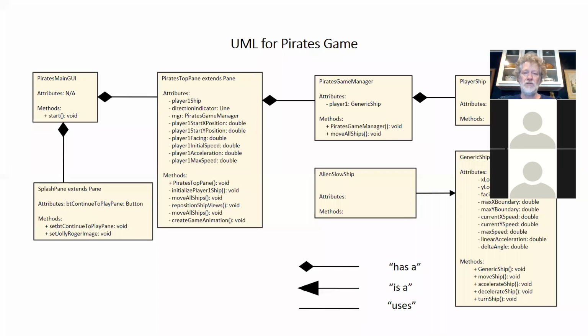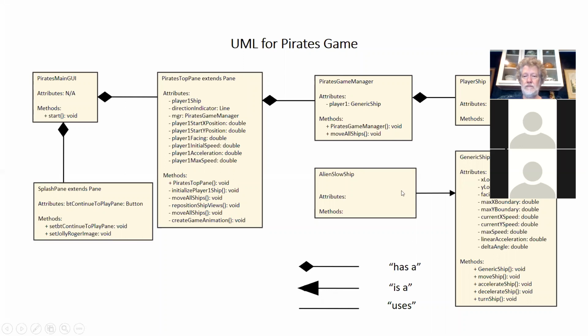So basically, I don't have any fuel cells yet, but I have the idea for a player ship and an alien ship. Now, as soon as you hear those words, a player ship and an alien ship, what are you probably thinking? Or by now, what are you hopefully thinking? I hope you're thinking, oh, you should make a generic ship and then extend it for the player, extend it for the aliens, which is what I did. I have a generic ship, and then I extended it for the player, and I extended it for the aliens.